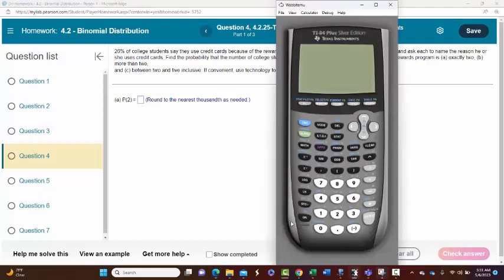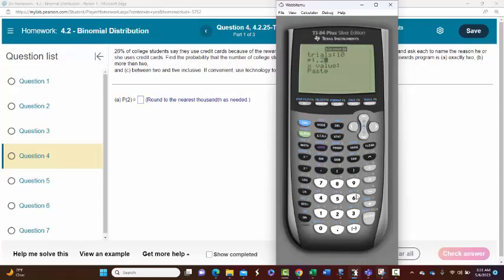So it's either Binom PDF for this one or the Excel. I can do them both real quick. PDF, 10, 0.26.